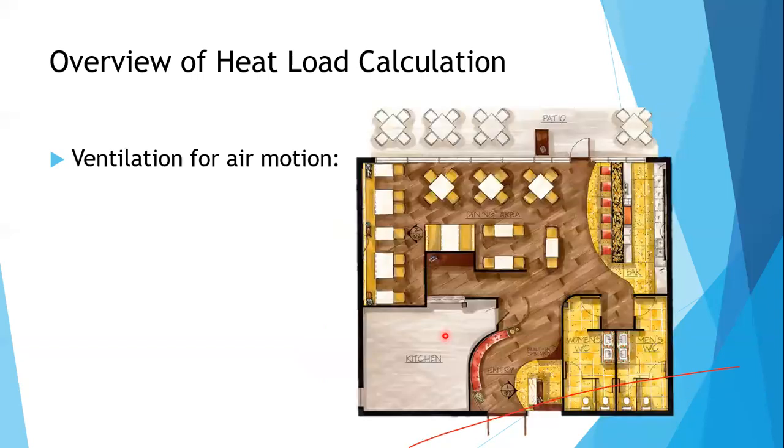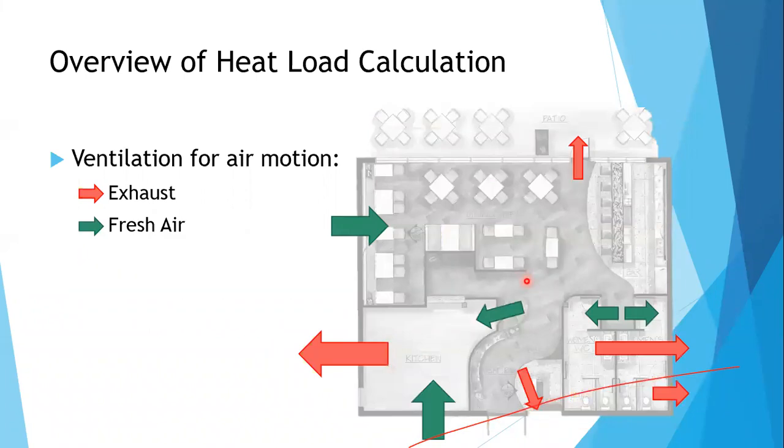So instead of air going out of the kitchen, you are now ensured that the air is going to the kitchen because of this difference. So by providing a difference from your exhaust to your fresh air, you are creating negative pressure. So air from the adjacent area will be going in.